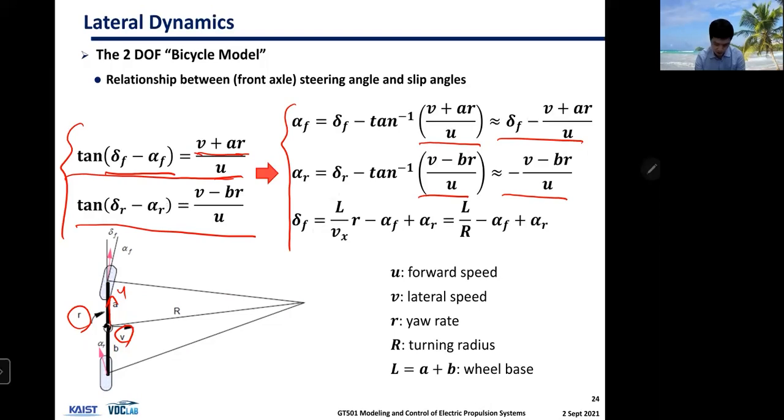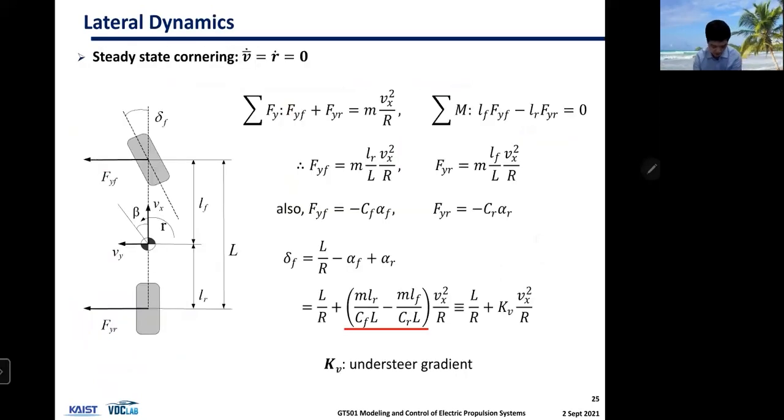And if you put those into this kinematic relationship, which is the front steering angle equals L over Vx times R, minus alpha front plus alpha rear, this comes down to these equations.